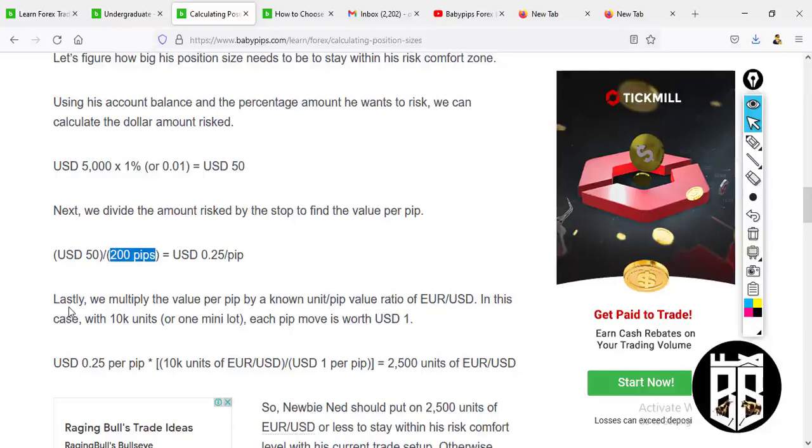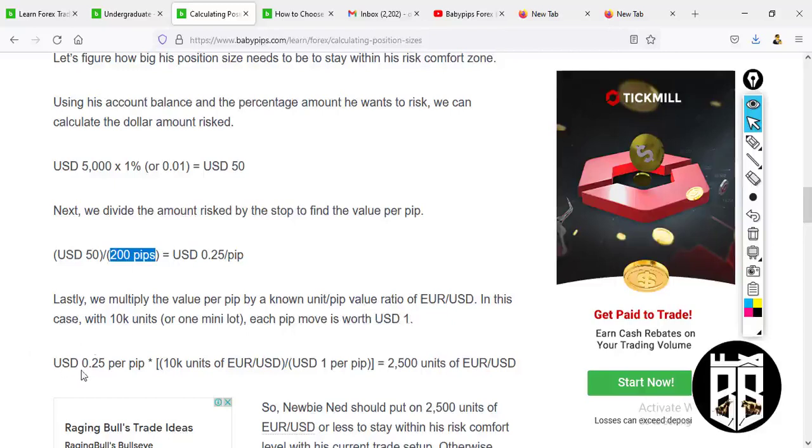Now lastly, we are going to multiply the pip value by a known unit-to-pip-value ratio of Euro USD. In this case, with 10,000 units, which is for $5,000 in your account or a mini lot, each pip is worth $1.